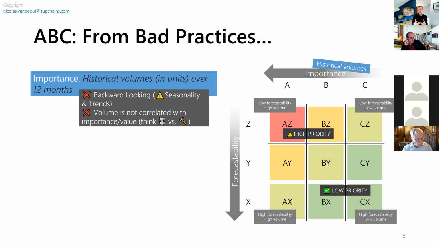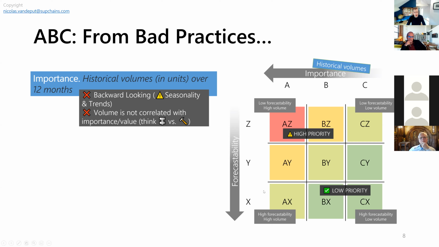In terms of volume, you would be selling a lot of nails, but it's not worth so much. And you're just selling a few hammers, but it's worth a lot. So if you had to choose which to focus on, you should focus on forecasting hammers because the total value is higher, right? Now, if you use historical volumes in units, you're looking backwards and you're not putting your attention where the revenue, cost, and value is. So for me, it's a bad practice.